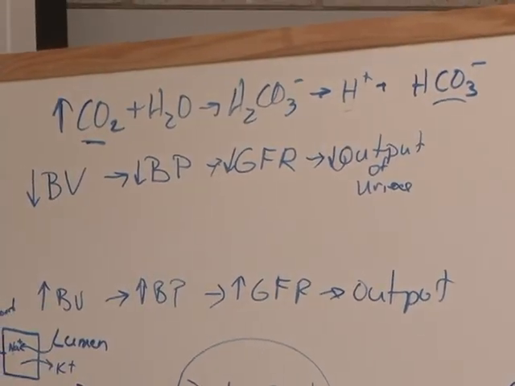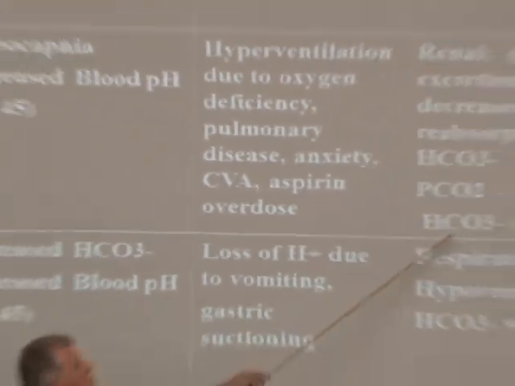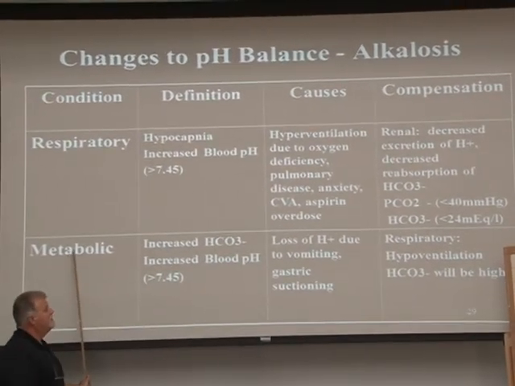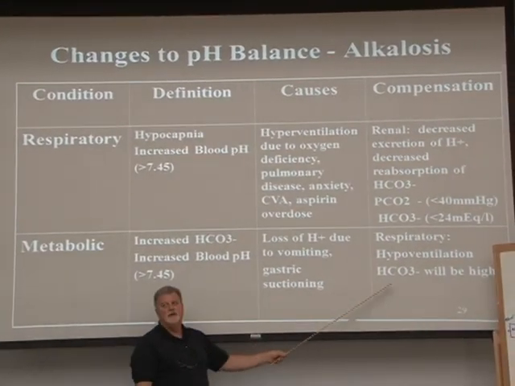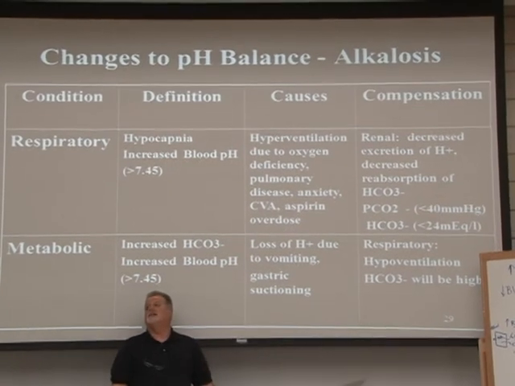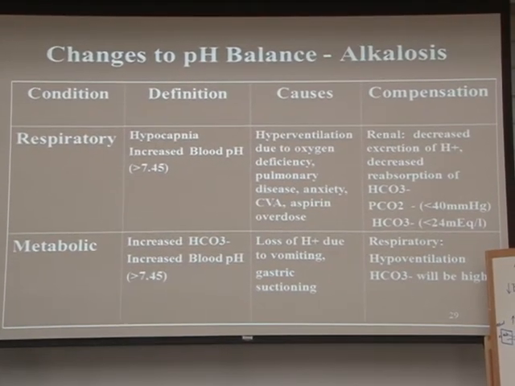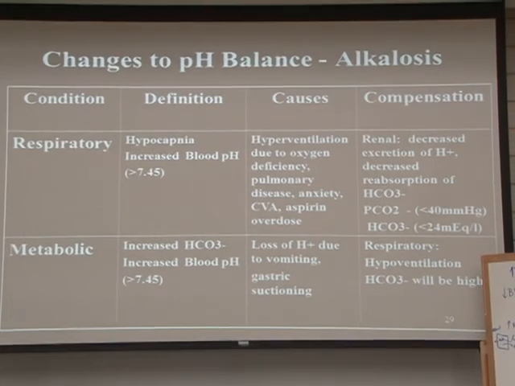So, in respiratory acidosis, we would have high levels of blood bicarbonate, but in metabolic acidosis, we would have low blood levels of bicarbonate if we tested for bicarbonate in the blood.